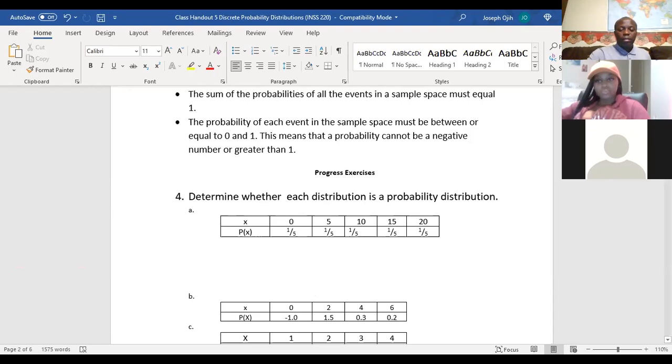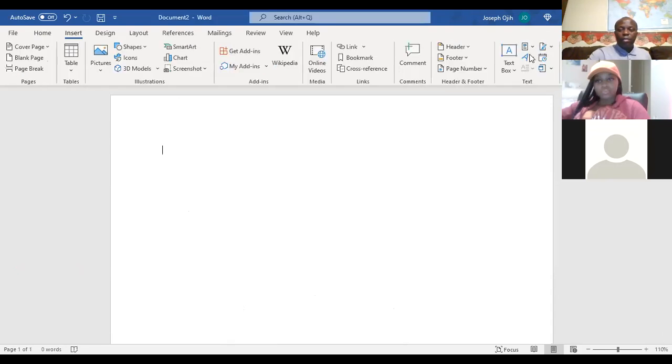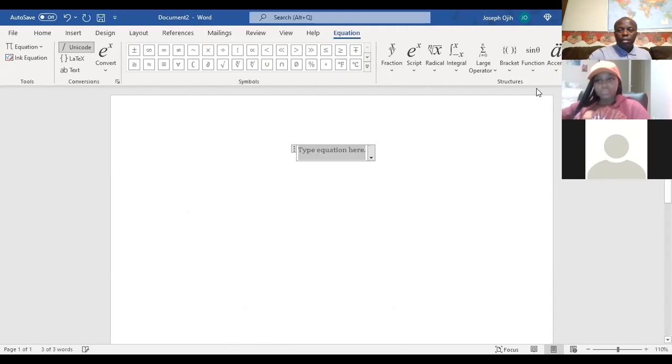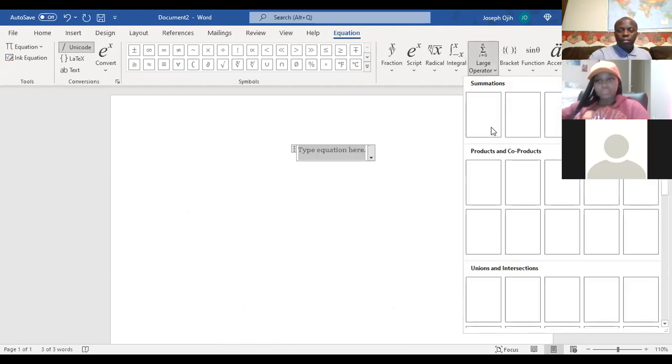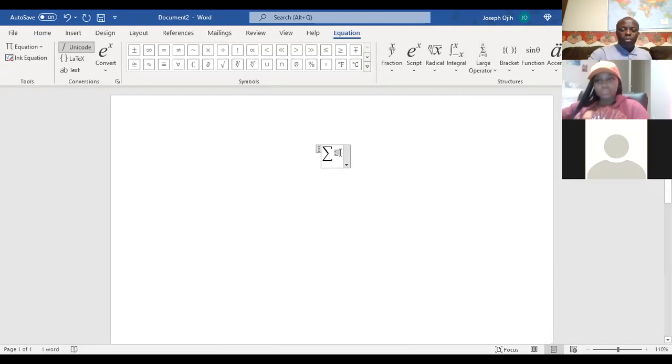So we have the sum of P(x). Okay, the sum of all the x is there. It becomes 1 over 5.